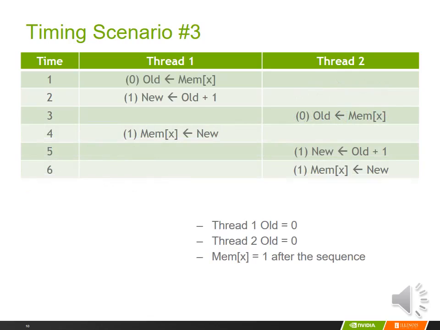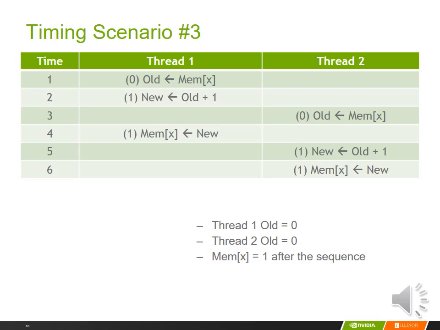In scenario 3, thread 1 begins its read, modify, write sequence before thread 2. However, thread 1 did not have the chance to complete its sequence before thread 2 starts its sequence.